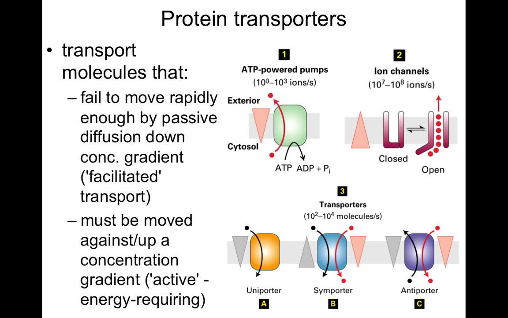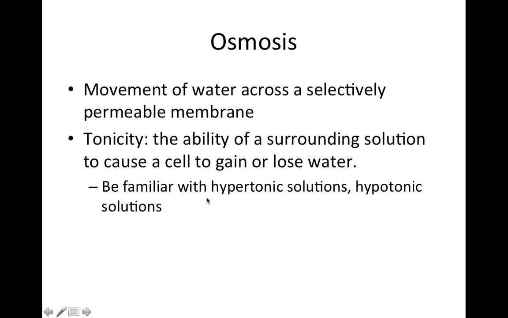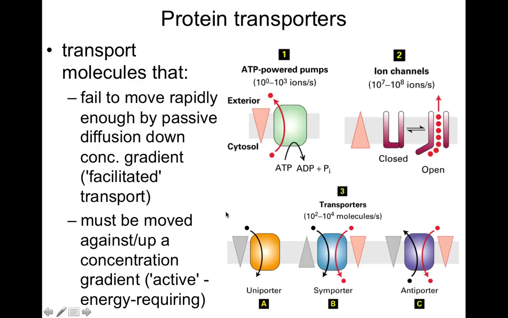So remember, glucose in the slide prior is not able to go through a cell membrane on its own. So what we will see is glucose molecules can still get into a cell via a uniporter, a protein called GLUT1, G-L-U-T-1, and we will see that mechanism in just a moment.